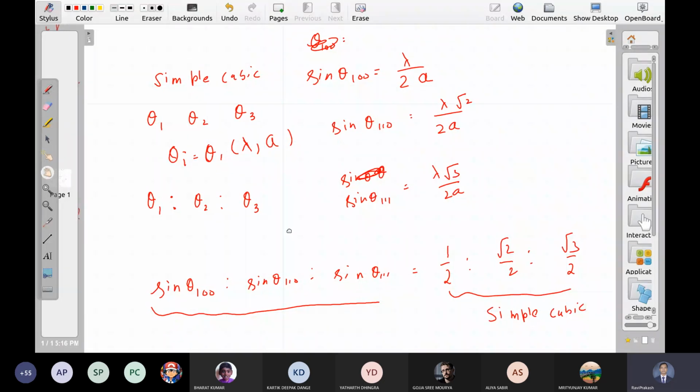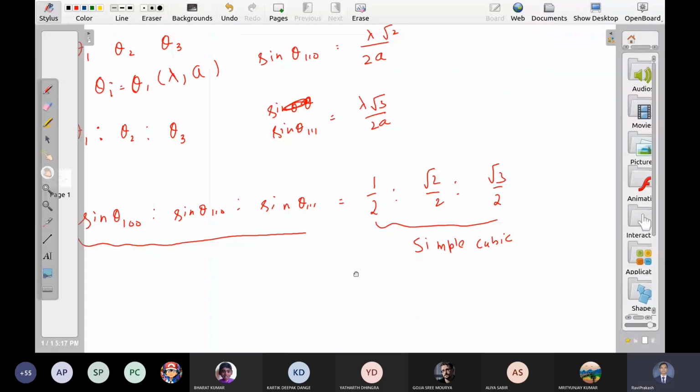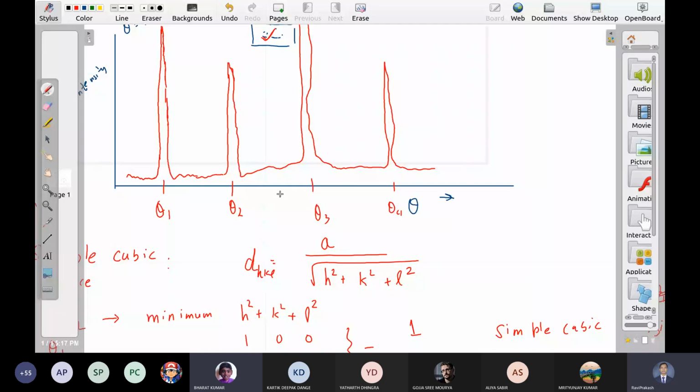I will get some other answers, something like some constant C1 colon C2 colon C3 for BCC. We will have to do the full calculation. पूरा calculation दोबारा से करना पड़ेगा. We will get a similar concept for some FCC crystal. Now we have some unknown graph. What do we need to do? Note down these angles, theta 1, theta 2, theta 3.